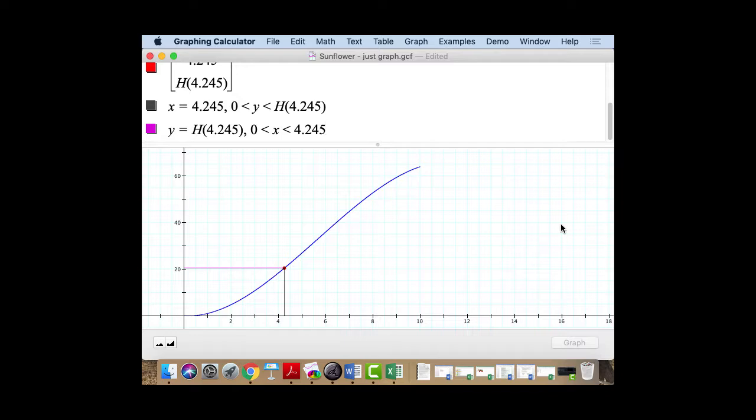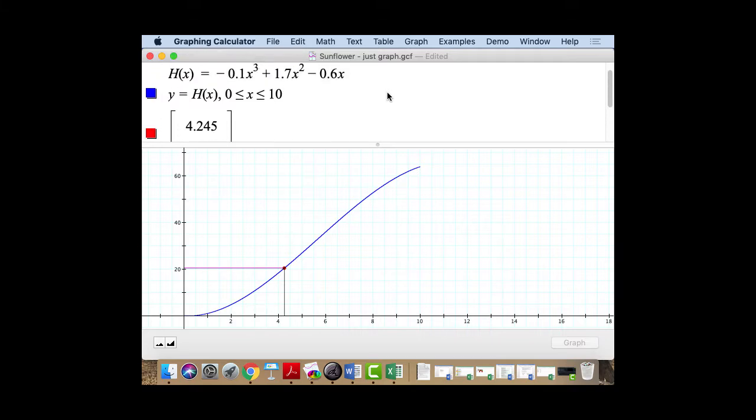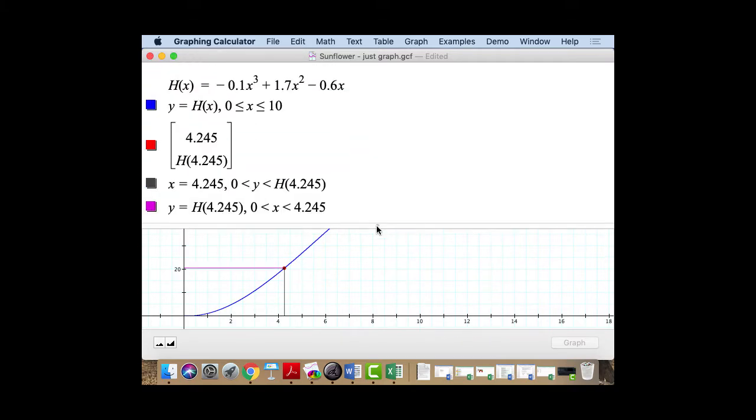So the one thing that's pretty specific in this is we used one specific point when x was 4.245. If I wanted to repeat this whole process but have it take place at x equals 6.128, or whatever number, every place up here where I currently have 4.245, if I changed it to a different number, I would have the same graph, but going through a different point.